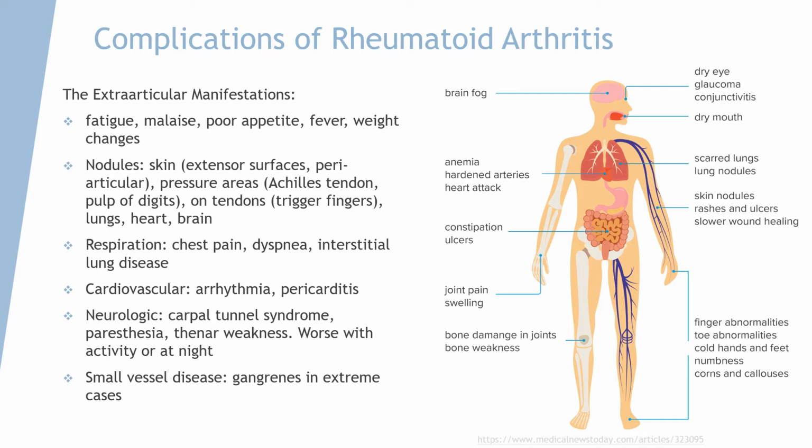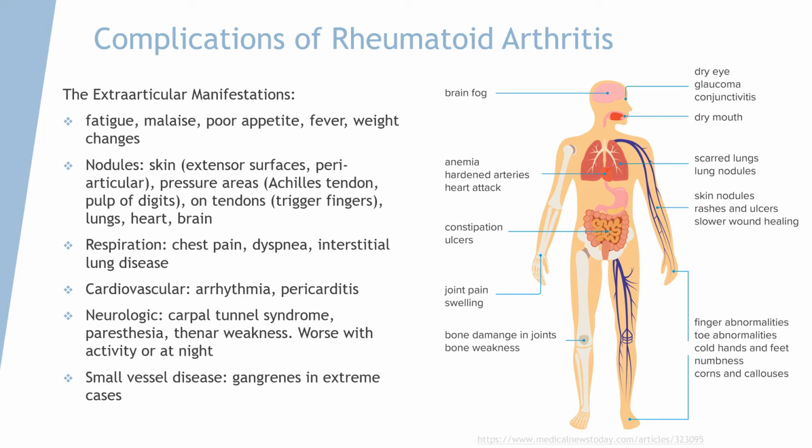Uniquely, the nodules can also form on the lungs, heart, and the brain. In terms of respiration, you can have chest pain and dyspnea, as well as ILD, interstitial lung disease. The heart can develop arrhythmia and pericarditis, or the inflammation of the sac that envelops the heart.